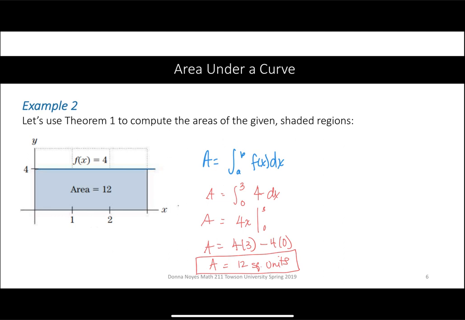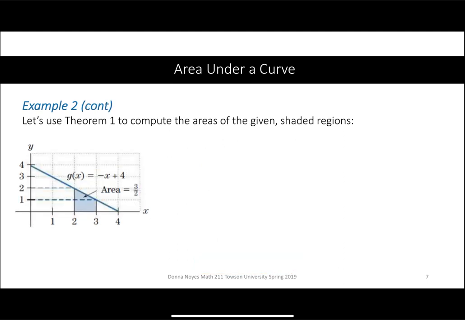So what about the other two examples that we looked at? Let's see if they also come up with the same area based on the theorem of the area under a curve versus using the triangle and the square added together for each one. Let's start with the first one, where we had g of x is equal to negative x plus 4.